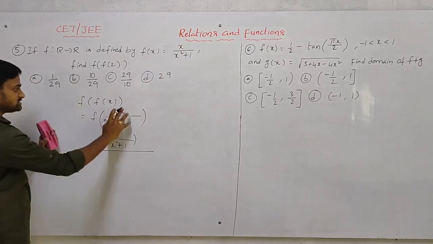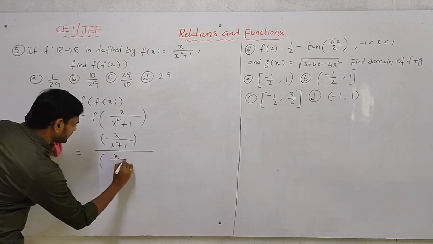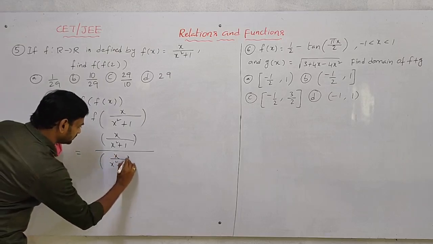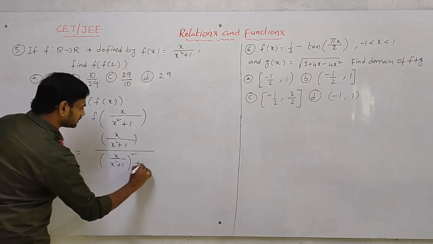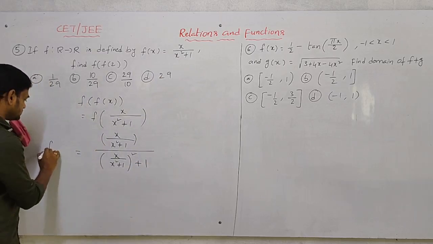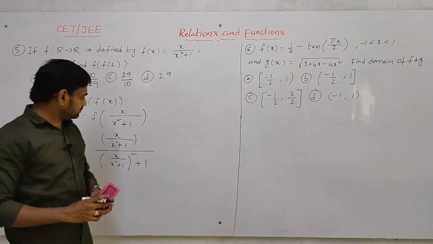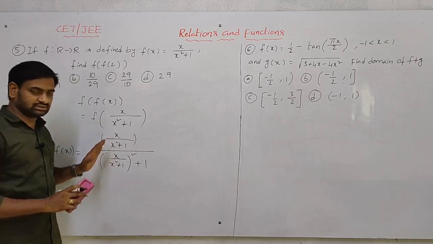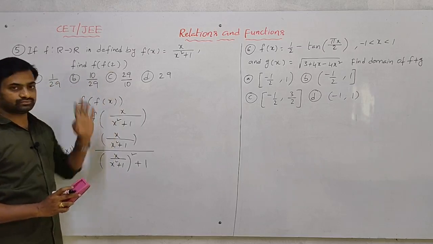X square is this one square, that is x by x square plus 1 whole square, plus 1. Now this is f of f of x. Now I am not simplifying anything here, just I want to substitute x values.